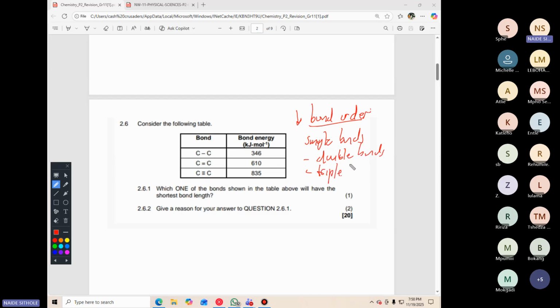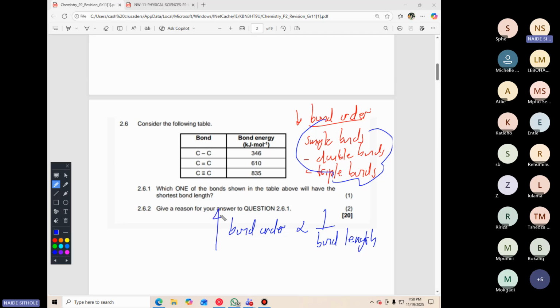That is what we refer to as what? As bond order. Single bond, double bond, triple bond, right? Then, what do we have here? We know that the relationship between bond order and bond length is what? Inversely proportional. So meaning, the greater the bond order, the shorter the bond length.